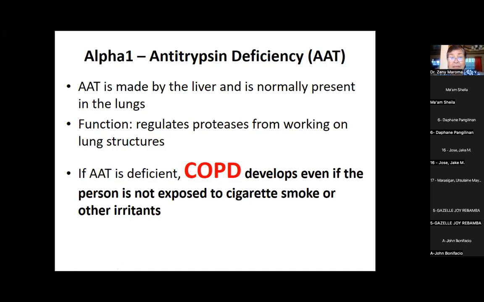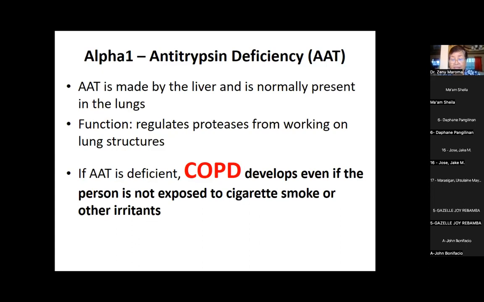Alpha-1 antitrypsin. Kaya pag kulang yon, if deficient, COPD can develop kahit hindi siya naka-expose sa cigarette smoke or other irritants. So it regulates proteases from working on lung structures. So nagkakaroon po ng disequilibrium between elastase and anti-elastase. Kaya nagkakaroon ng destruction of elastic recoil.